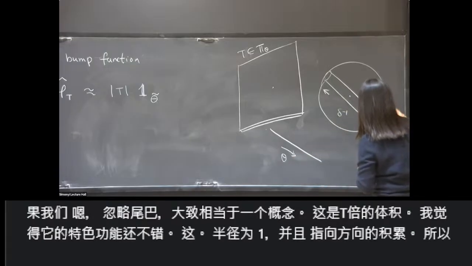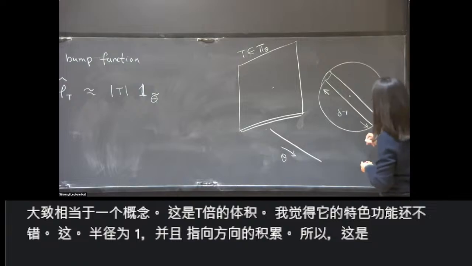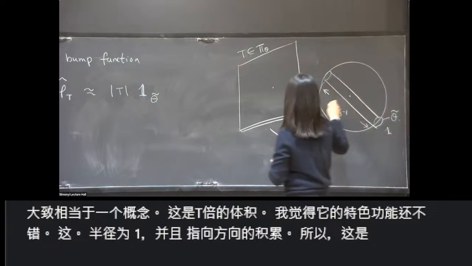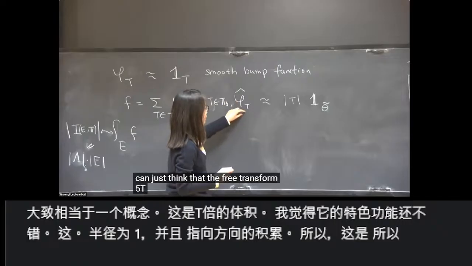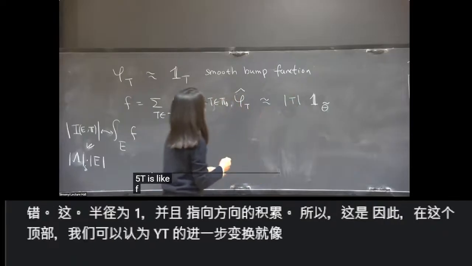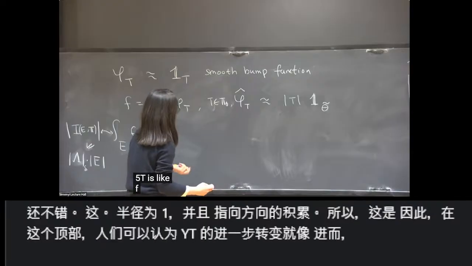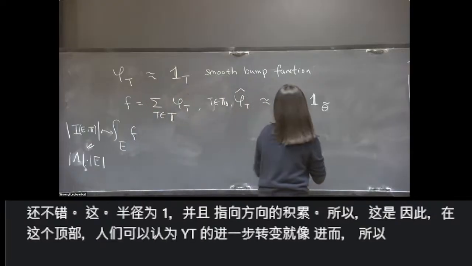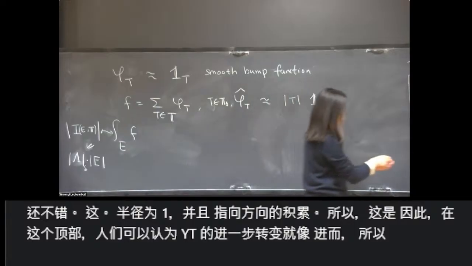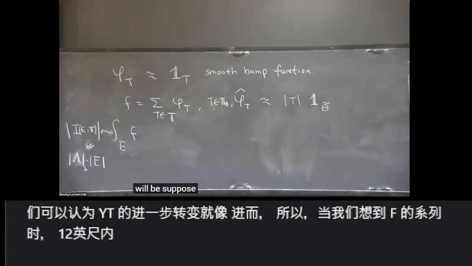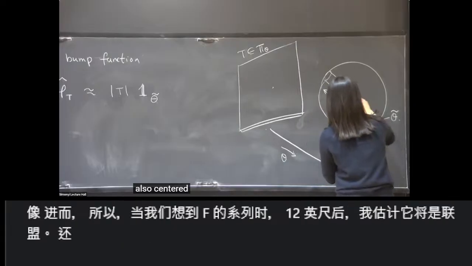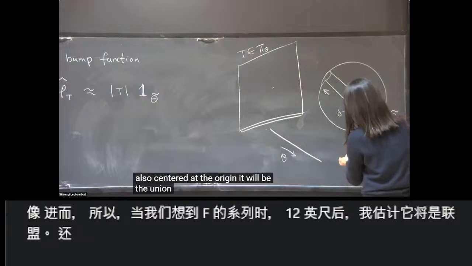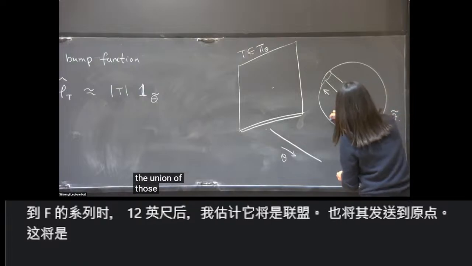So in this talk, one can just think that the Fourier transform of phi t is like this function. And so when we think of the Fourier transform of f, it will be the union, also centered at the origin, of those tubes.